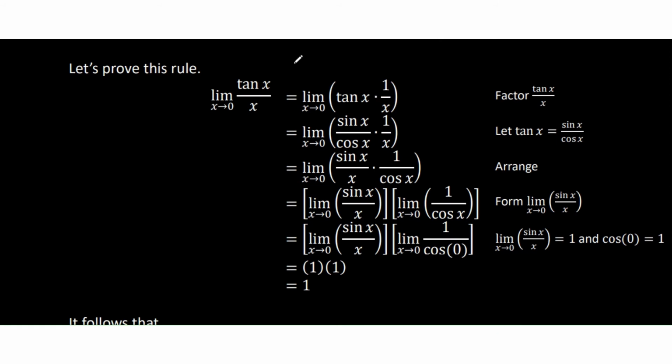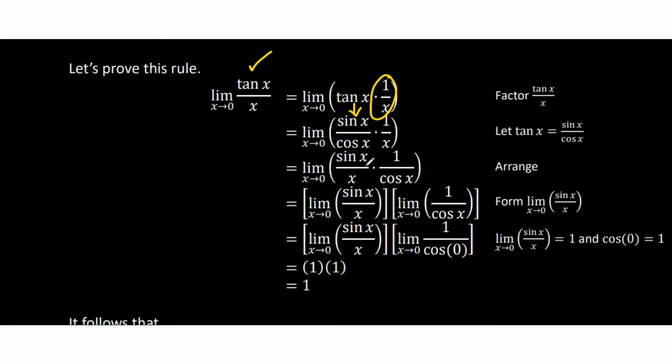So let us prove. Limit of tangent x over x as x approaches 0 is equal to limit of tangent x times 1 over x as x approaches 0. We just factored out, okay, tangent x over x is tangent x times 1 over x. Now we substitute tangent x with sine x over cosine x. Remember, that is the ratio identity of tangent.